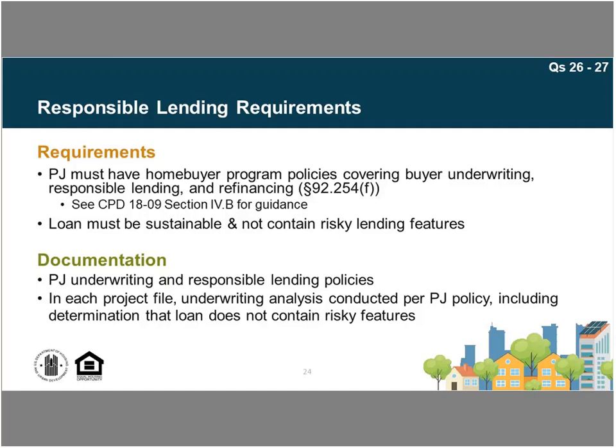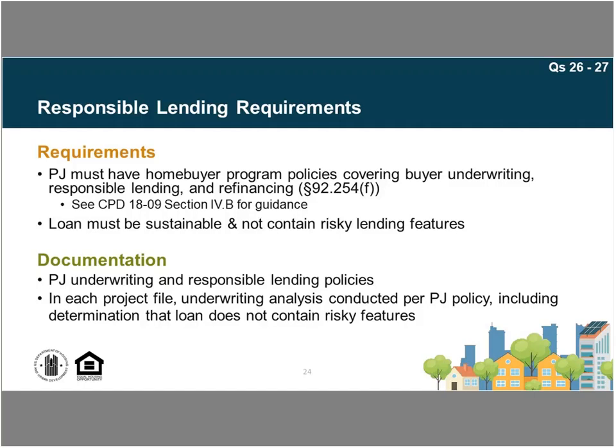Buyer underwriting is your determination that the homebuyer, with the assistance that you intend to deliver, can sustain homeownership for at least the period of affordability. So it's looking at what assistance you're providing and whether they can handle the overall costs of homeownership, because obviously we don't want to set people up for foreclosure or failure.